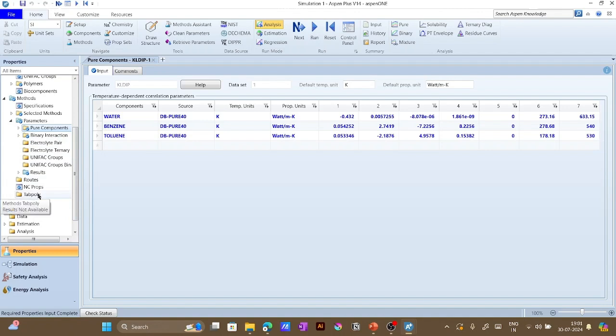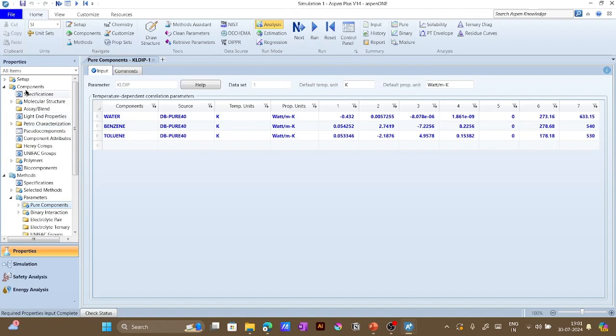Now once we have selected components and once we have selected the methods, I want to understand the change in the properties of my system, right? In this top menu itself, you have seen these pure, binary, mixture options. These options appeared initially when we didn't have any method selected.